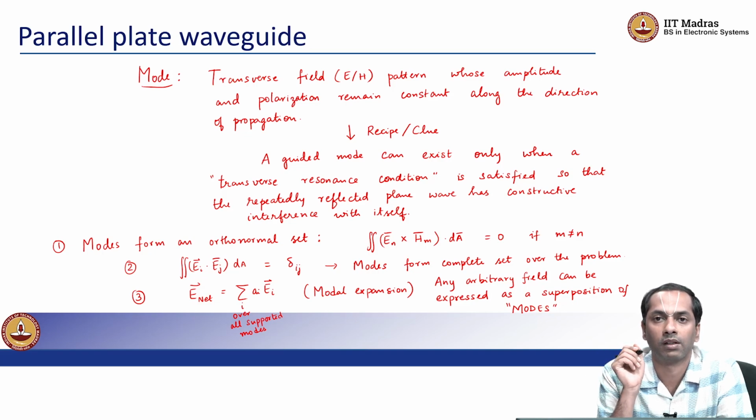We'll move from here to a very specific example of, say, a rectangular waveguide with perfect conductors in two axes, and the third axis is the direction of propagation. But this commonality of modes is true across any waveguiding geometry.